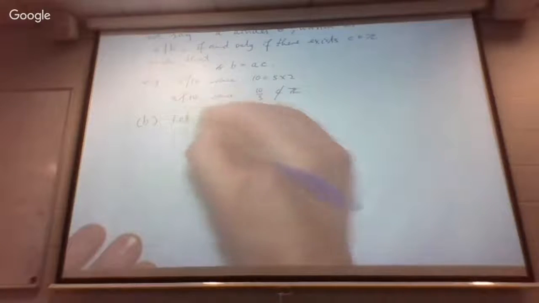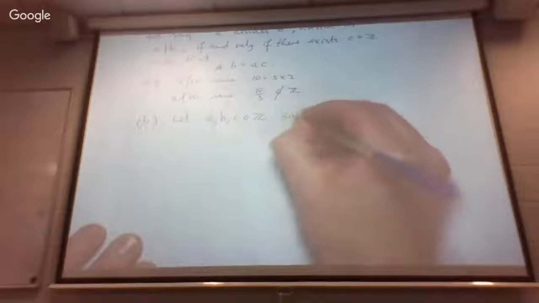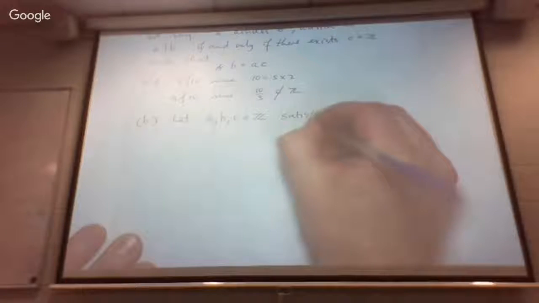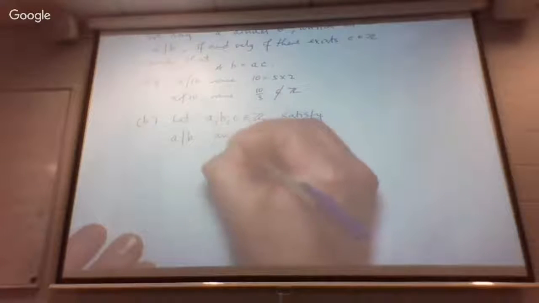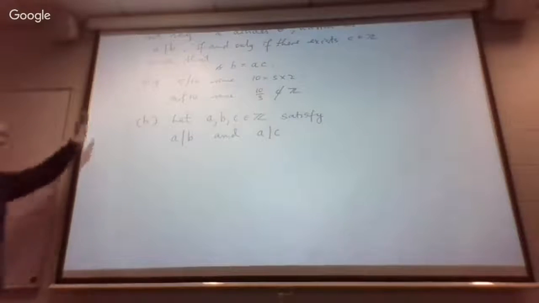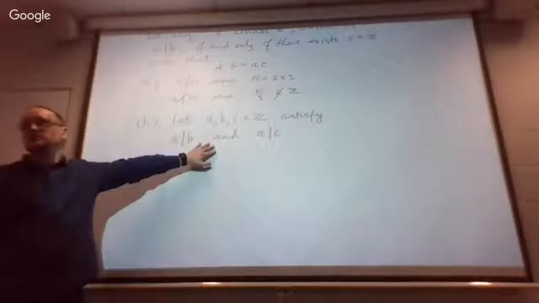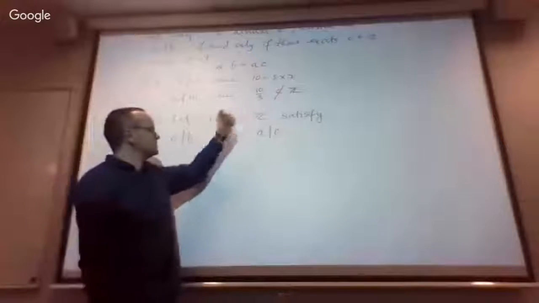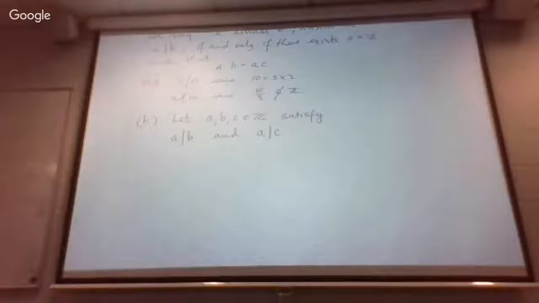It says in the question, for any A, B, and C in the integers, if A divides B and A divides C, then something follows, and you're asked to prove the implication. So immediately your argument should start off by assuming the conditions. These are all just taken from the question. So I'm going to let A, B, and C be three integers, and let them satisfy those two divisibility statements. Okay, park them for the moment.